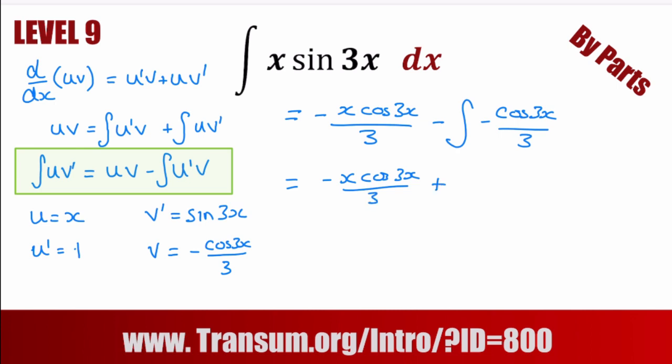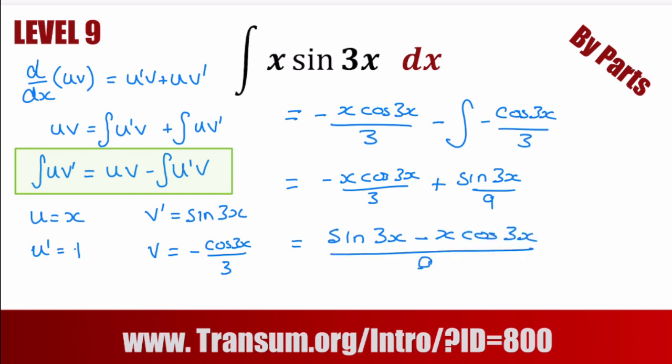So that becomes plus sine 3x over 9. And now I'll write it down as a single fraction, sine 3x minus x cos 3x all over 9. Phew! That is an example of integration by parts.